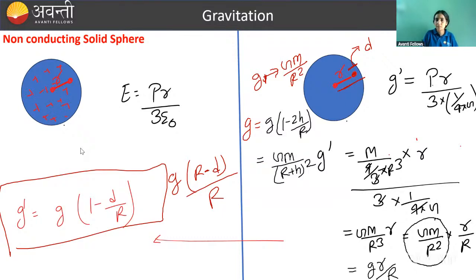And at any depth d, the formula is g dash is equal to g1 minus d by R. So these three things you have to remember.